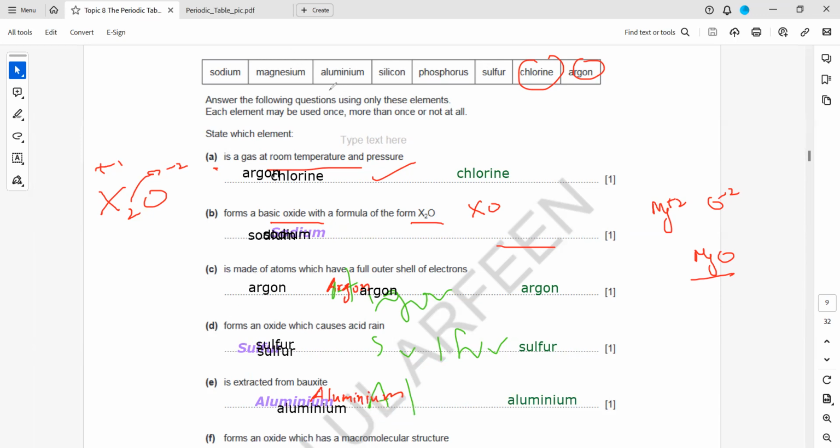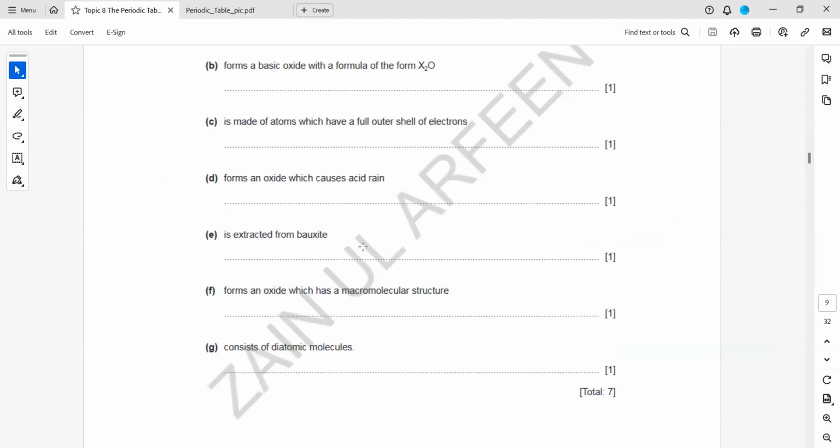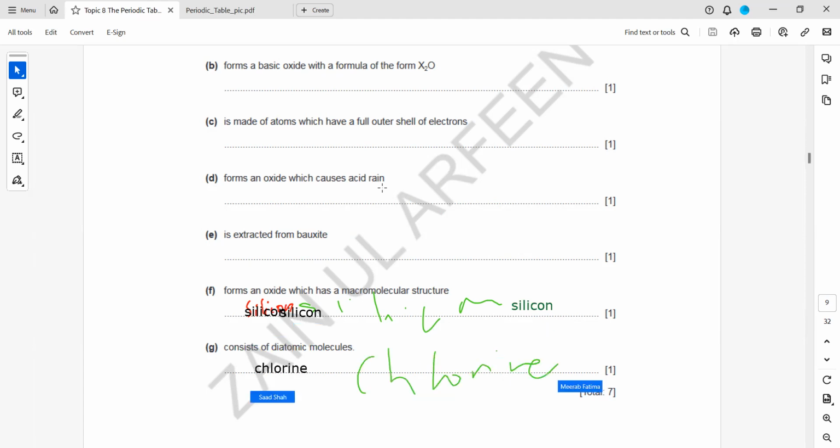Aluminium is extracted from its ore, bauxite, which is aluminium oxide, and there is also a trace of iron oxide. Form oxide which has a macromolecular structure, so group 4 element, carbon, silicon, but in this case we have silicon. Consist of diatomic molecules, so chlorine, because it is Cl2, a diatomic molecule.